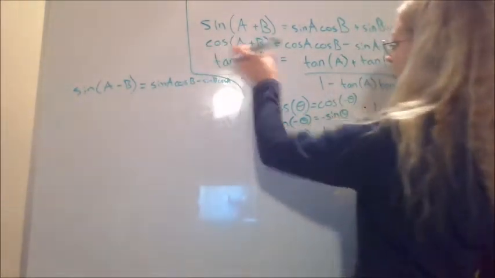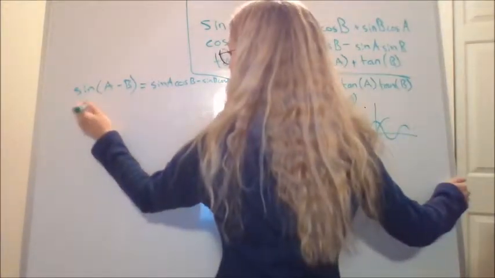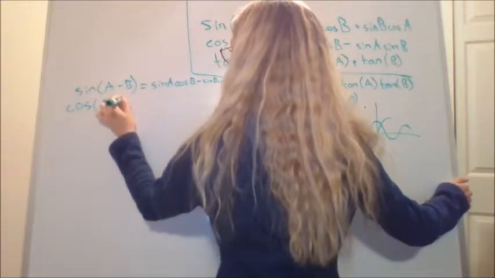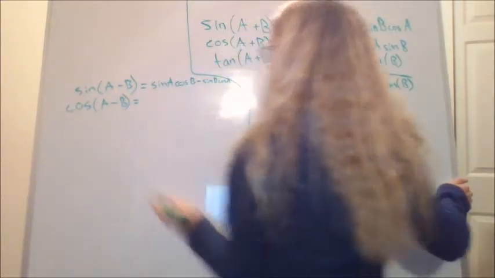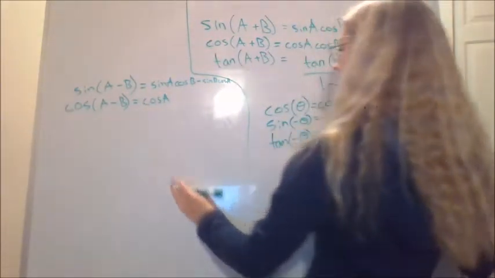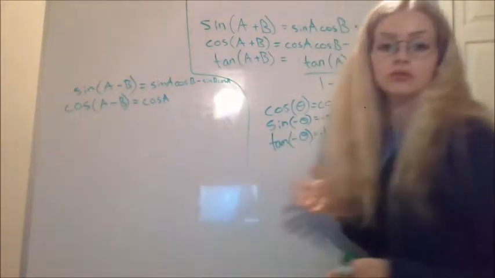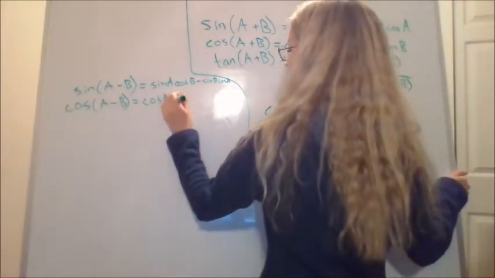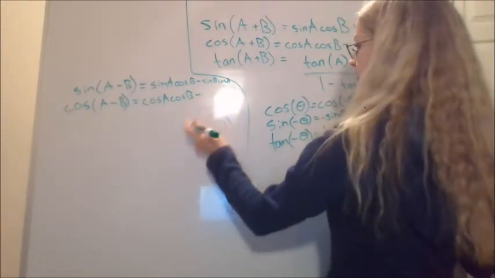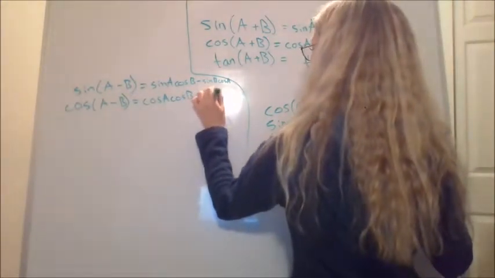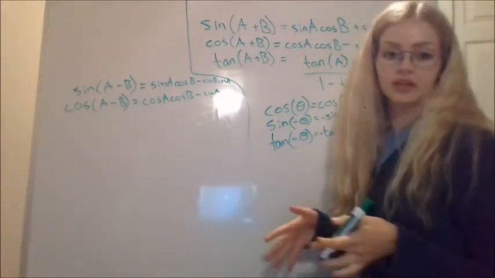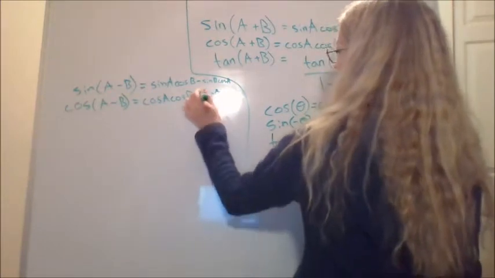And so now we have our cosine. We're going to do the same thing with that. Cosine of A minus B is going to equal cosine of A times cosine of negative B, which is just cosine of B, minus sine of A, normal, times the sine of negative B. And sine of negative B is negative sine of B, so this is going to become a positive.